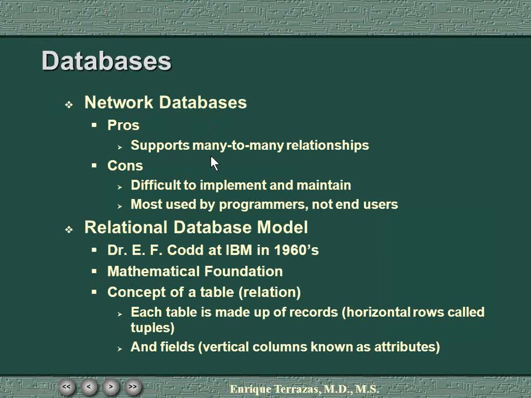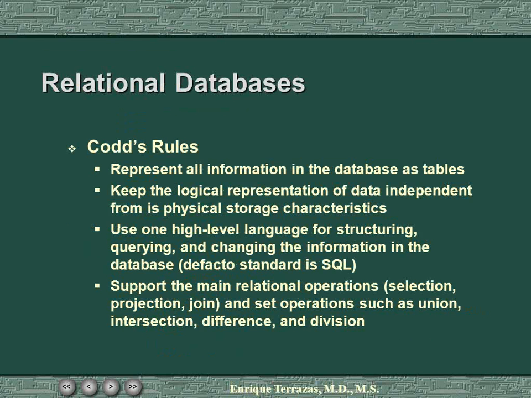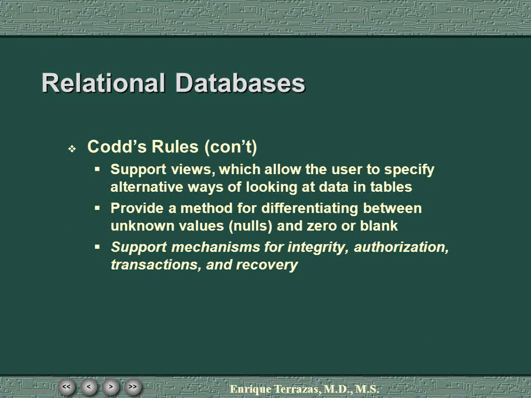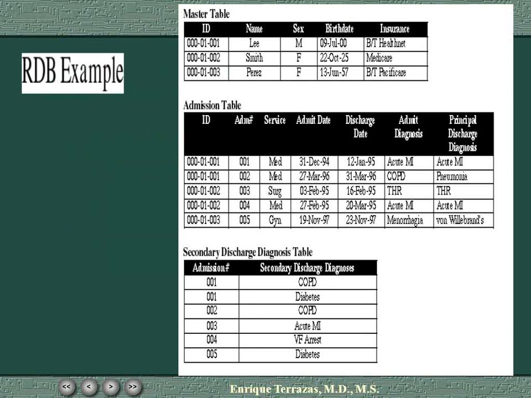Network databases solve part of the problem, but they were difficult to maintain. Relational databases solved it permanently. You can have many-to-many relationships with these. You have Codd's rules, the rules for relational databases. Here's an example.